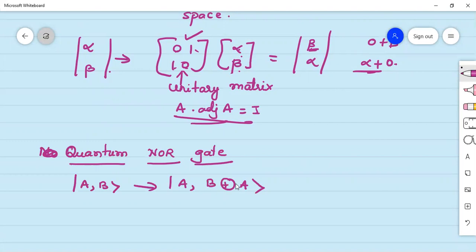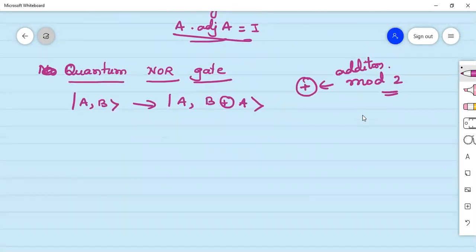What is this? We know that this is nothing but a mod 2 operation, it is addition mod 2 operation. So what is the quantum basis for this operation?